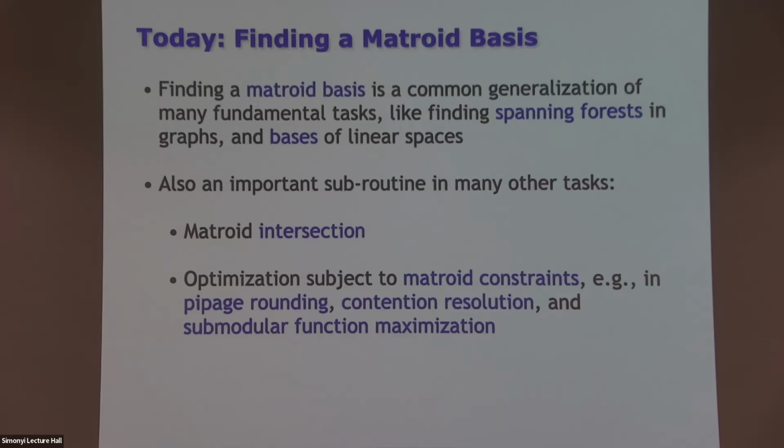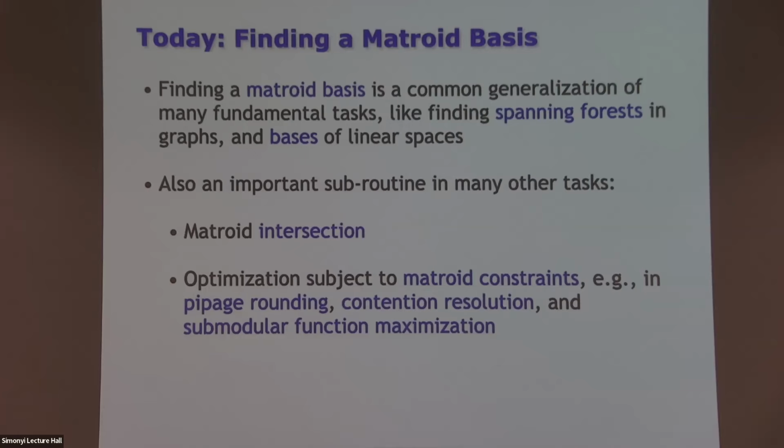Hopefully from these previous slides, you can already see that this task does generalize very many natural tasks in optimization. For instance, in graphic matroids, finding a basis corresponds to finding spanning forests, and in linear matroids, it corresponds to finding bases of these spaces.